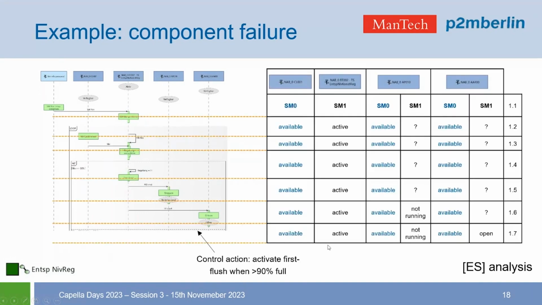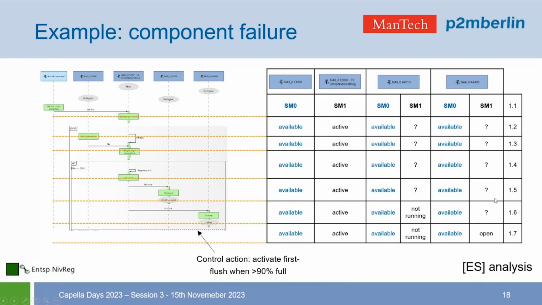When we divide the exchange scenario into steps, we are able to produce an overview of each state machine, which is allocated to each component, and the states they have during each step. For example, before this function is run, these state machines have the states available, active, available, not defined, available, and not defined.